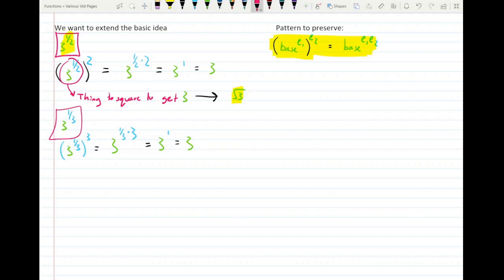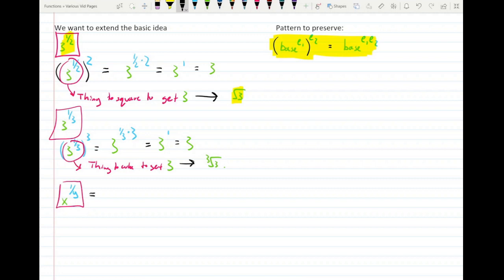And so 3 to the 1/3 is the thing that you can cube to get 3, which again, by definition, is the cube root of 3. Now, this logic works for any base and any whole number denominator, and that lets us, in general, assign a value to all expressions that look like x to the power of 1 over y, and it lets us do that in a way that makes sense.